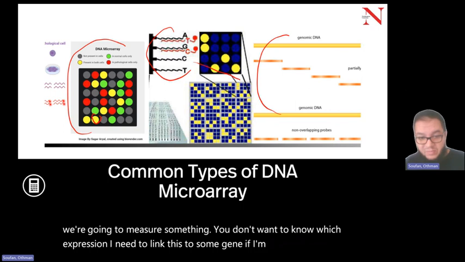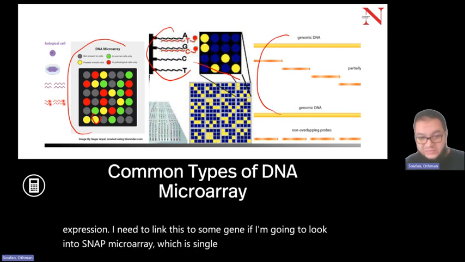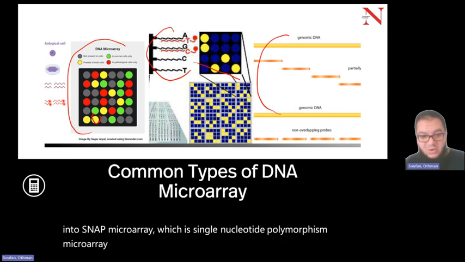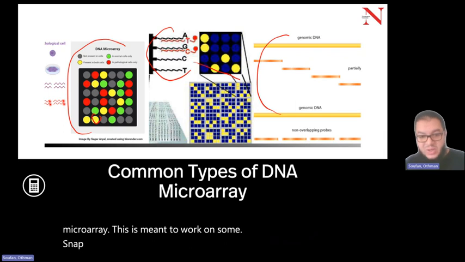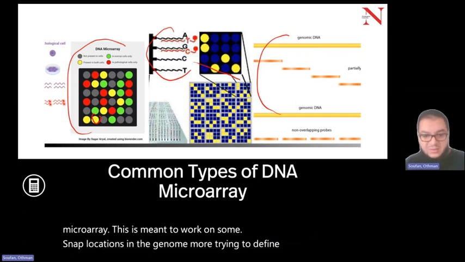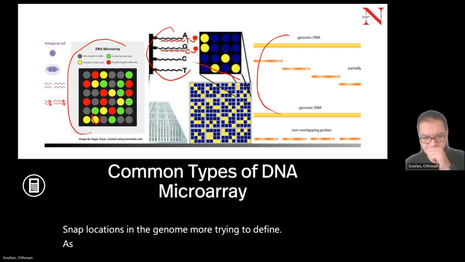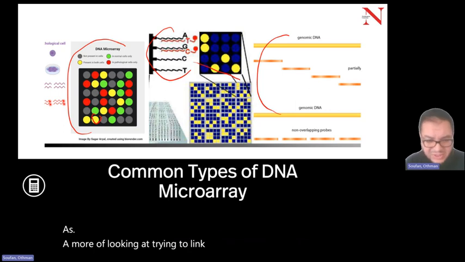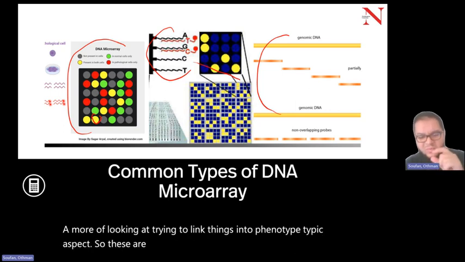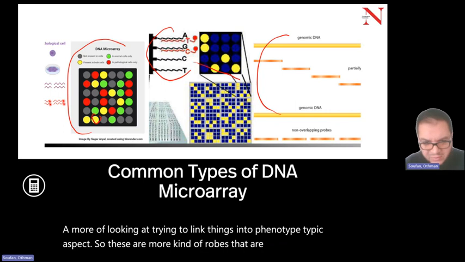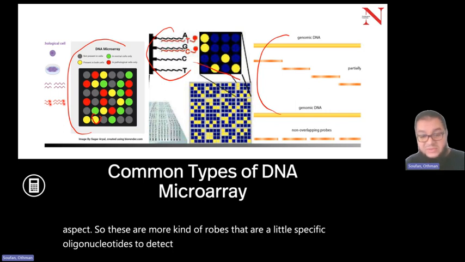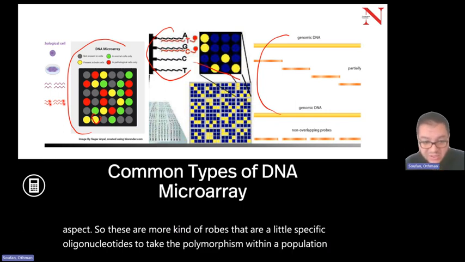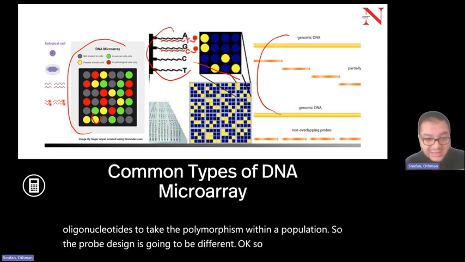A SNP microarray, which is a single nucleotide polymorphism microarray, is meant to work on SNP locations in the genome, more trying to link things to phenotypic aspects. So these are probes that are allele-specific oligonucleotides to detect polymorphism within a population. So the probe design is going to be different. It is linked to an allele, not a gene.